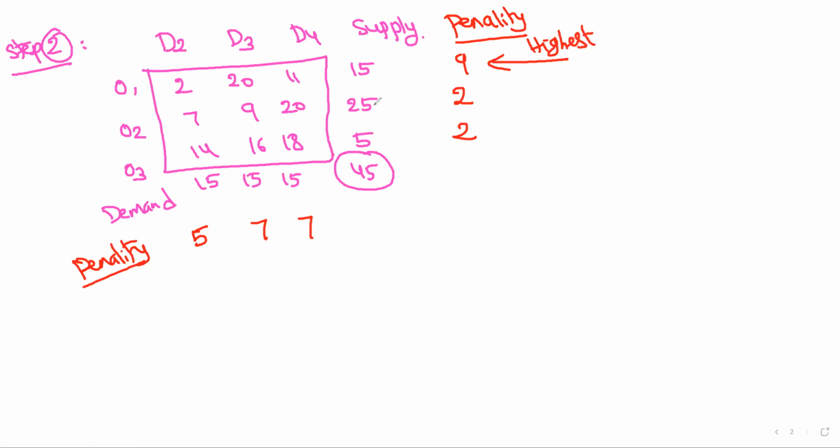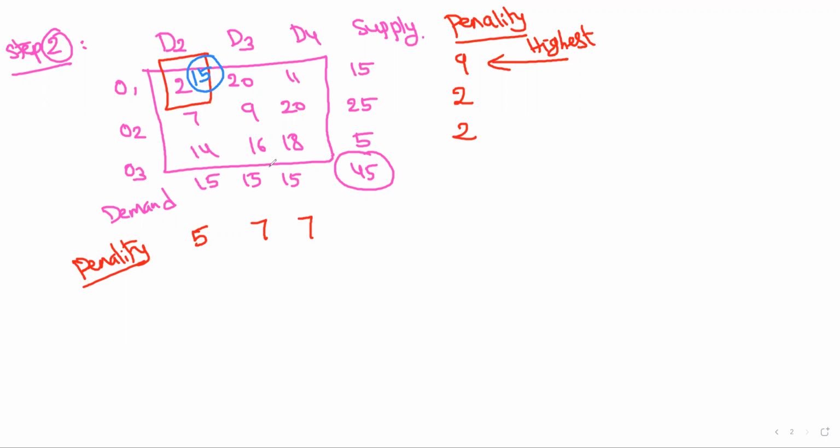In this highest penalty, we have to search for the minimum element. What is the minimum element here? We have to seek the least cost. We have 15 and 15, so I can give 15. Both the row and the column are satisfied here, so we have to cancel either the row or the column.